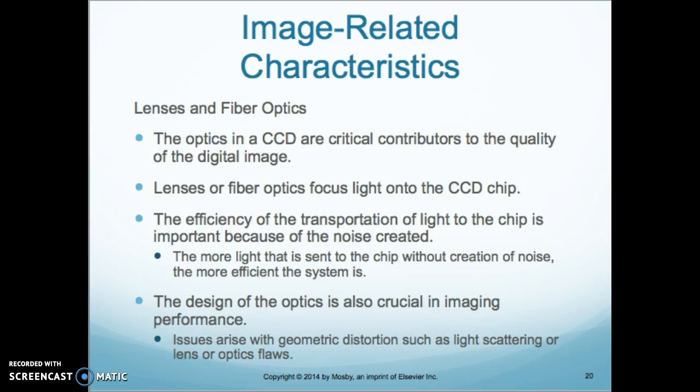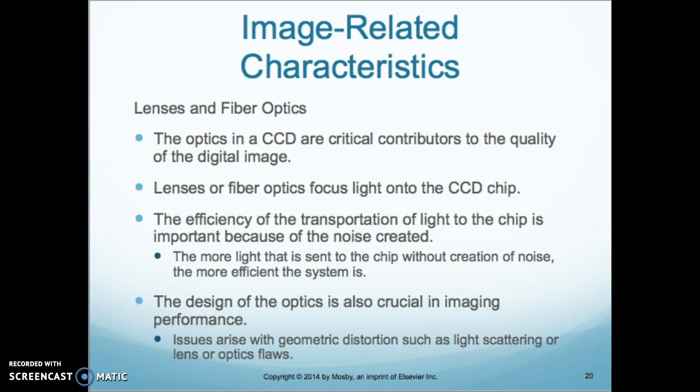All right, so lenses and fiber optics. The optics of the CCD are critical contributors to the quality of the digital image. Lenses or fiber optics focus light onto the CCD chip. The efficiency of the transportation of light to the chip is important because that's where the noise is created. The more light that is sent to the chip without creation of noise, the more efficient the system is, and that's the goal.